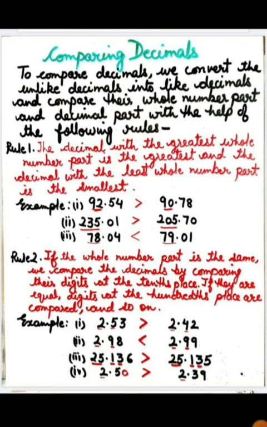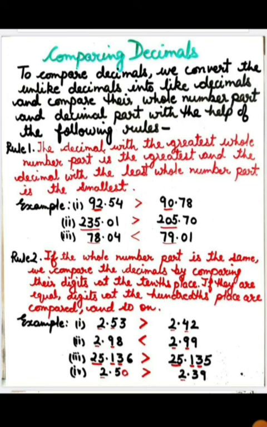In the first example, the given numbers are 2.53 and 2.42. Their whole number part is the same. Both have 2 as the whole number part. Then after the decimal, in the first number it is 53 and in the second number it is 42. 53 is greater than 42.